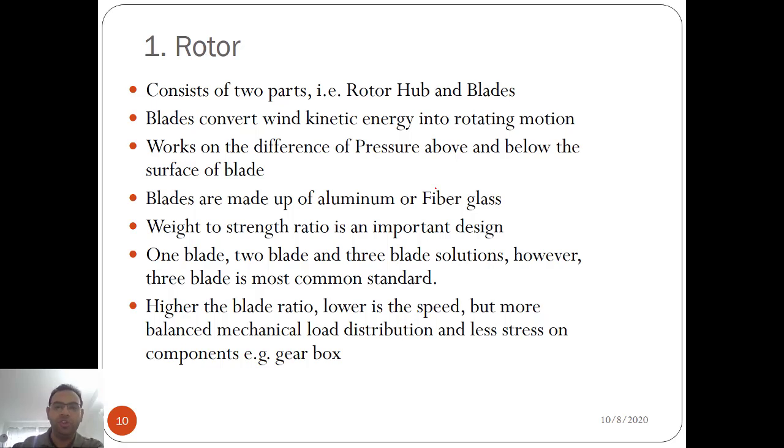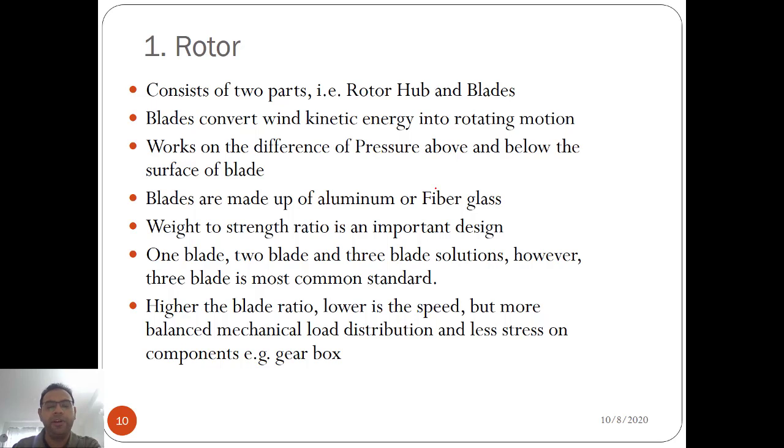So in order to achieve the uniform distribution and to minimize the overall imbalance of air, we need to have a higher blade mechanism. And generally nowadays, three blades is a standard that is being used by almost all wind turbine manufacturing companies.